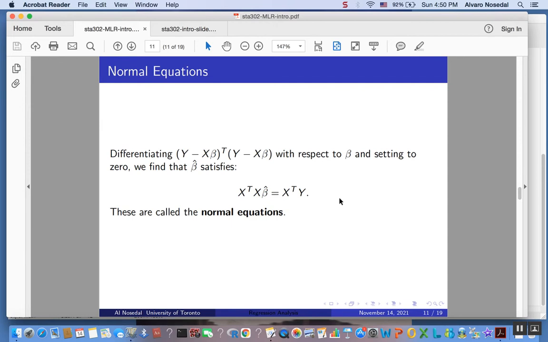As we were saying just a couple of minutes ago, next step, take derivatives with respect to beta 0, beta 1, beta 2 in this case, and set them equal to 0. You will end up with a system of equations. We call that system the normal equations.